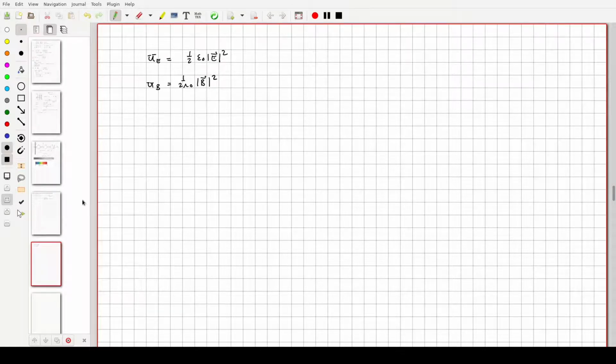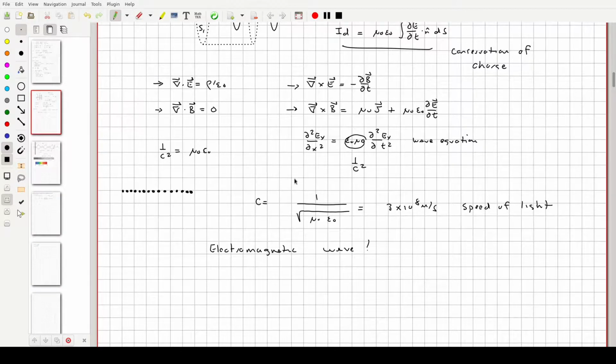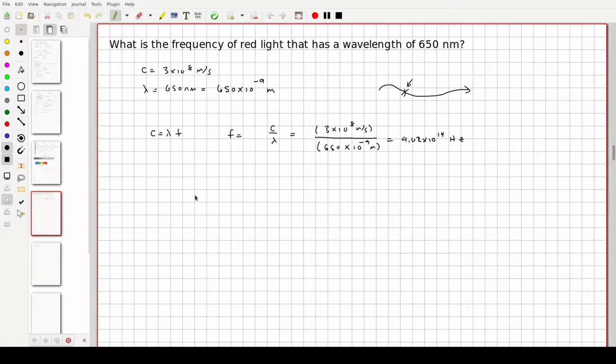Now, one of the consequences of solving this equation right here is that you get a relationship between the electric field and the magnetic field. And that relationship is the following. The strength of your magnetic field in light is equal to the strength of the electric field divided by c.